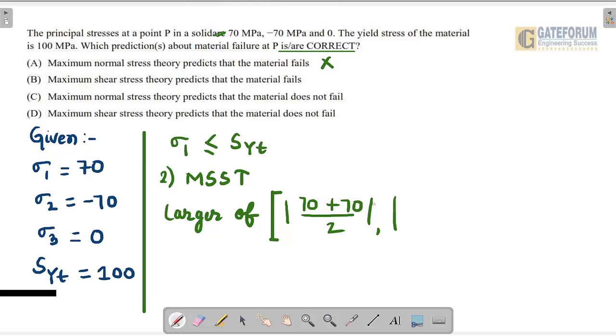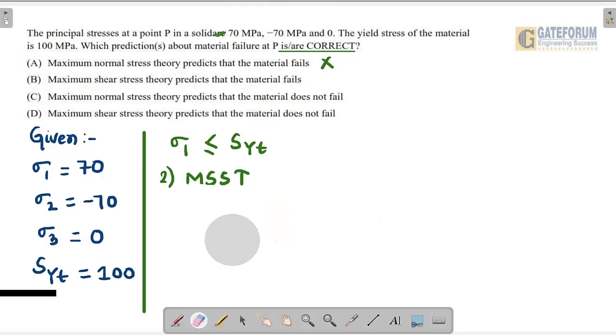Directly I can write: when sigma 1 and sigma 2 are unlike in nature, sigma 1 minus sigma 2 should be less than or equal to Sy by n.